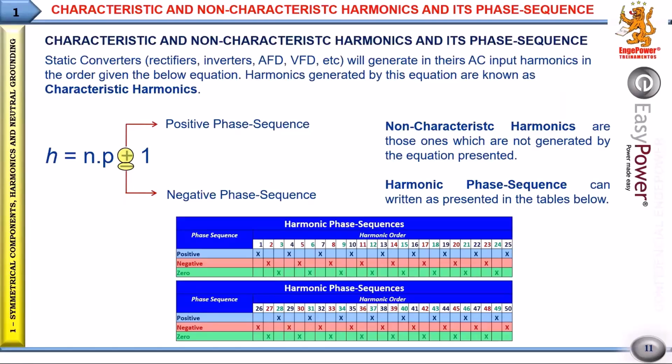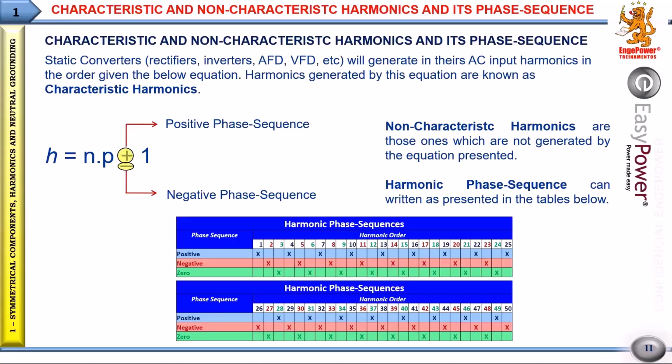For n equals 1, we have 6 minus 1, the 5th order harmonic, and 6 plus 1, the 7th order harmonic.